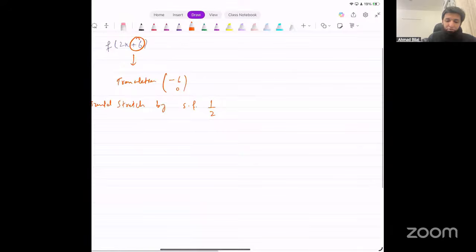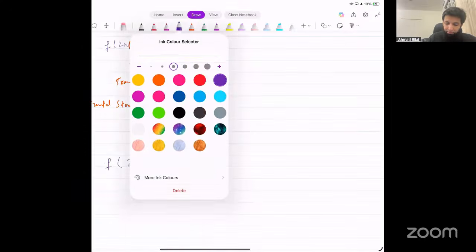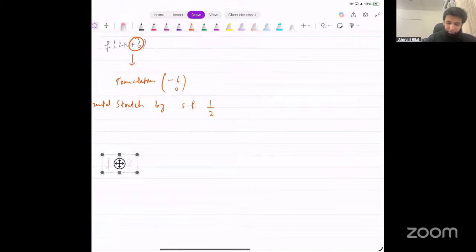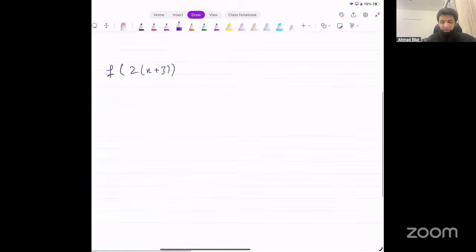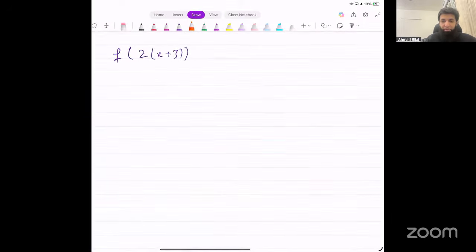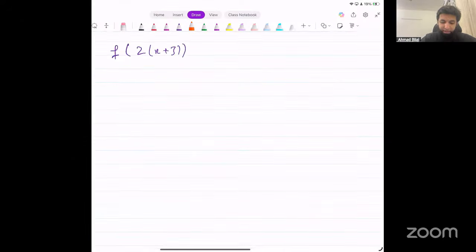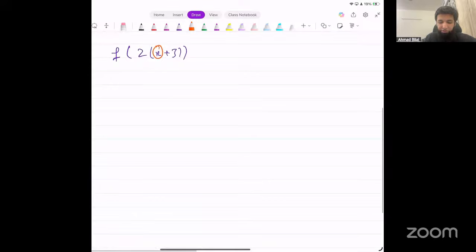If you take 2 common in this, so if it was like f of 2 into x plus 3, now it will become 3, right? Now, if you take 2 common, again, this is horizontal. You go opposite to BODMAS. What does BODMAS say? This is x, right? BODMAS says we should evaluate the brackets first, B brackets.